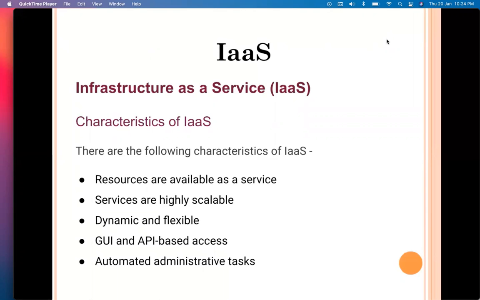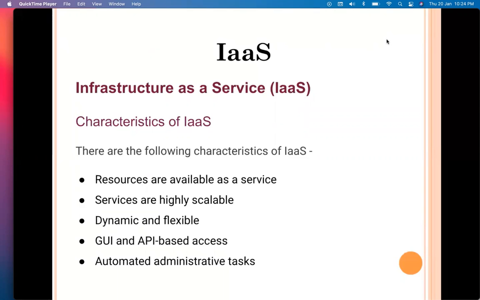So we'll see some characteristics of IaaS. The first characteristic is that resources are available as a service, as we have seen. Then services are highly scalable, dynamic and flexible, and we can access IaaS services through GUI and API based access, with automated administrative tasks.